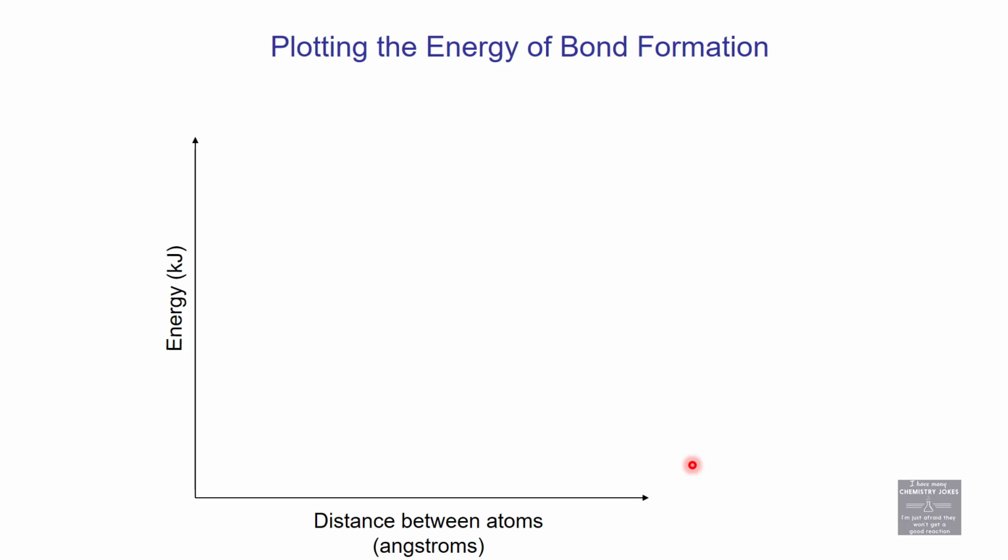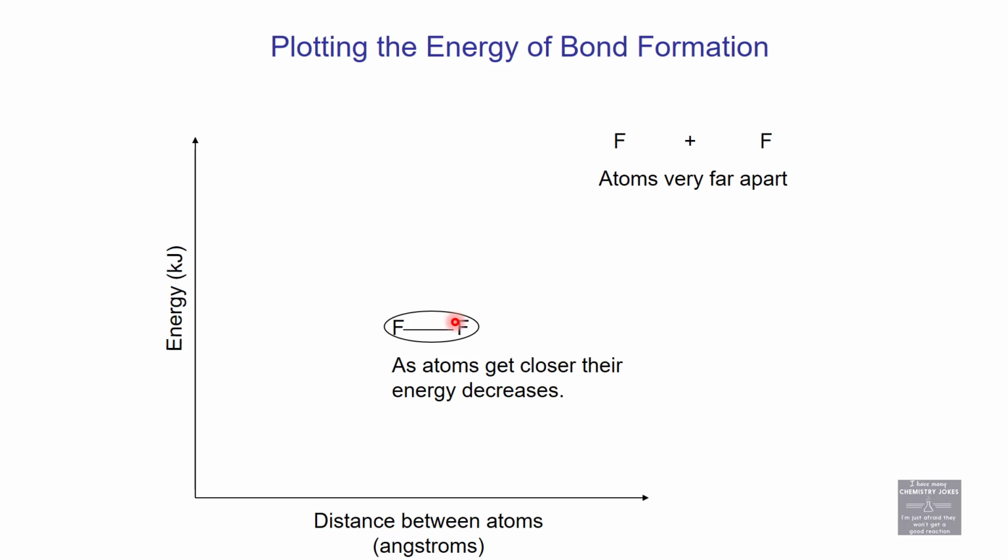We're closing out our energy chapter, getting started on our Lewis structure chapter, but we got to talk a little bit about energy anyway. When 2 F atoms are very far apart in space, that's a high energy state. But when they come closer together, it decreases in energy. This is not the ideal distance, but they're getting closer to ideal.